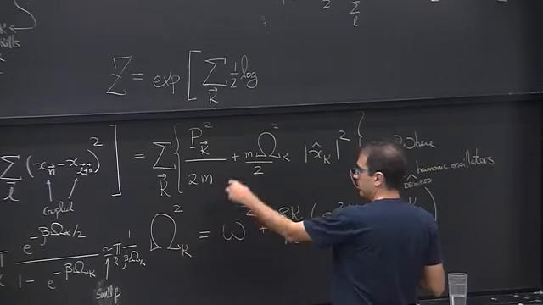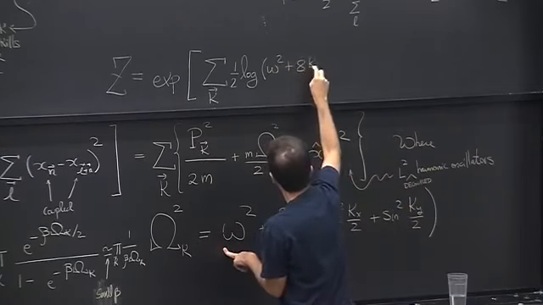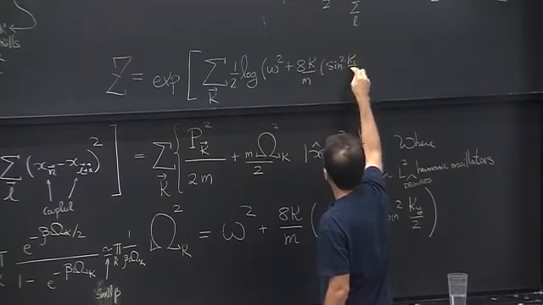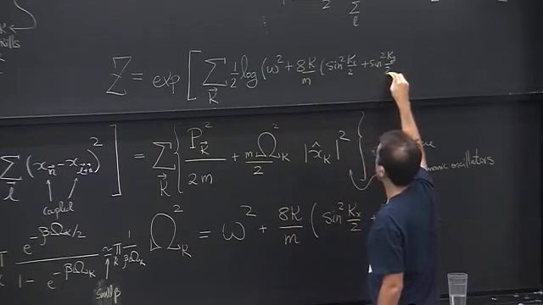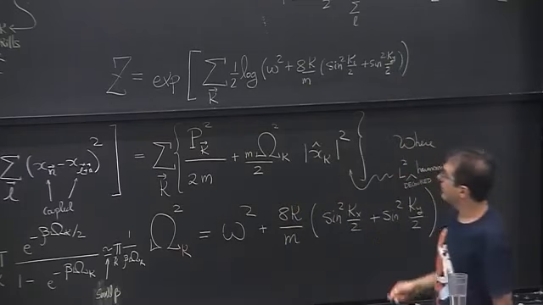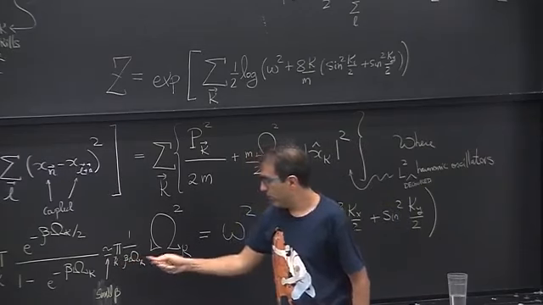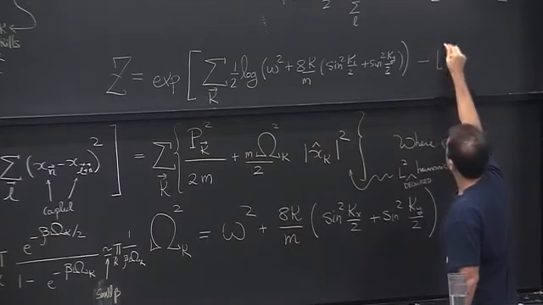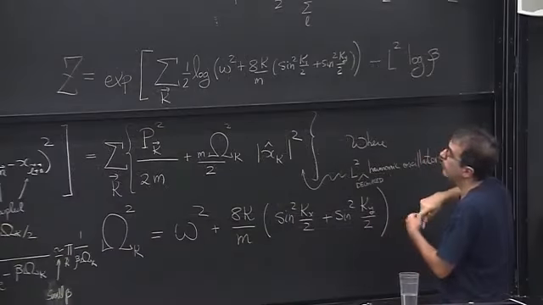Omega is a square root, so there is a 1/2, and then log of omega square plus 8 kappa over m times sine square of kx over 2 plus sine square of ky over 2. And then, very important, there was a beta, and there are L square modes. So there is minus L square logarithm of beta here.